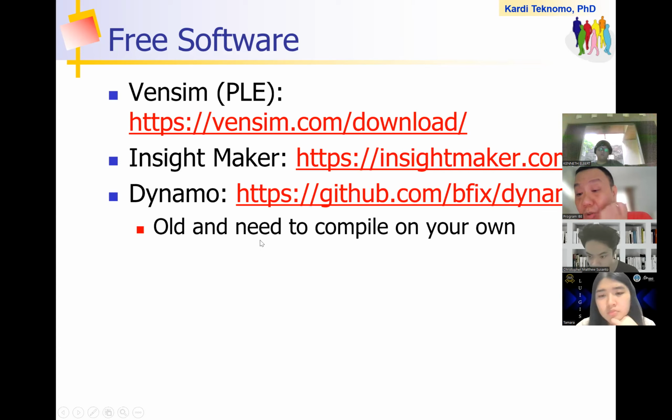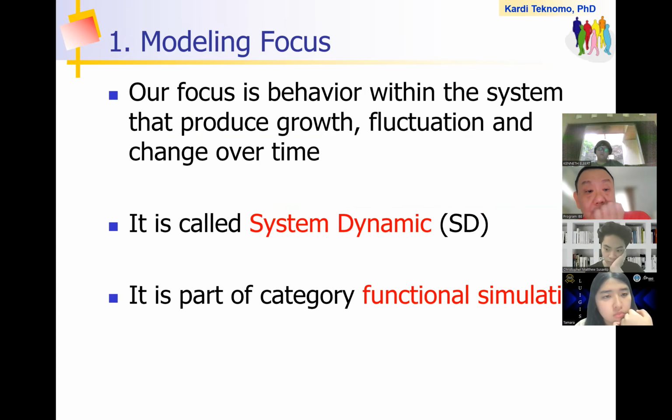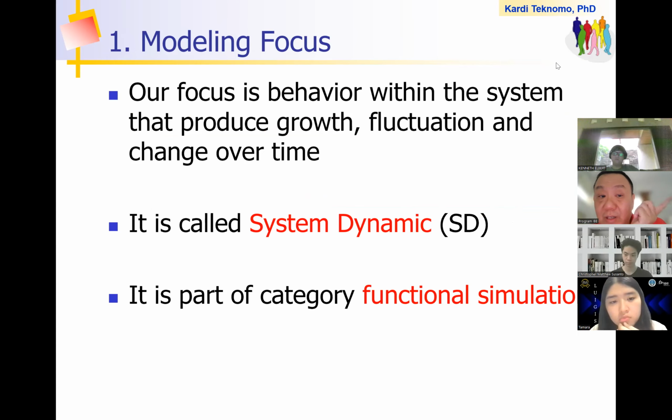If you are using Python, you can also pip install a module for system dynamics. Our focus is the behavior within the system that produces growth, fluctuation, and change over time. All of this is called system dynamics, which is basically functional simulation.